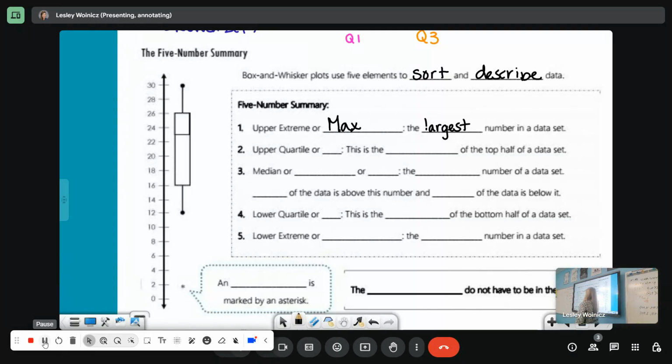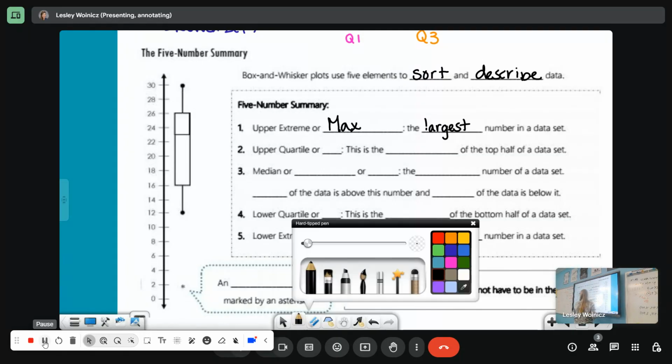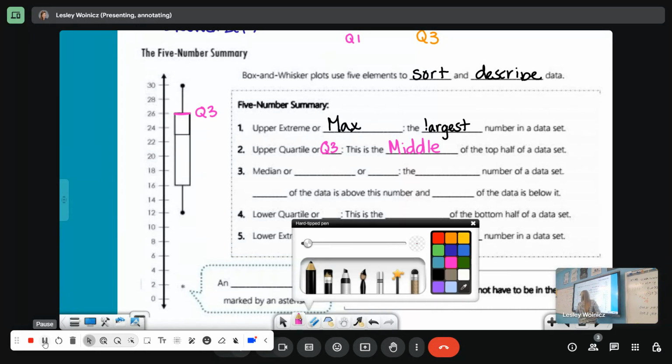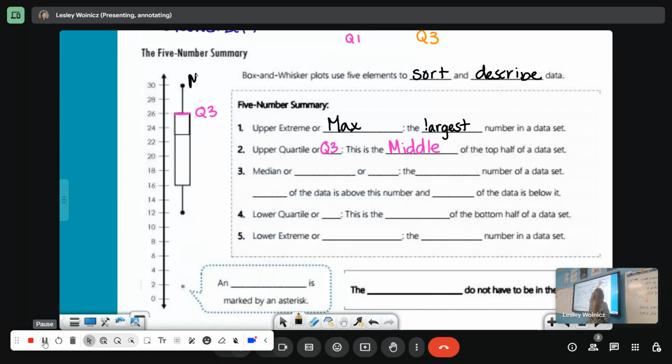Okay. The upper quartile, or Q3, is the middle of the top half of the data set. So that's this guy, Q3. Okay, here is our max.